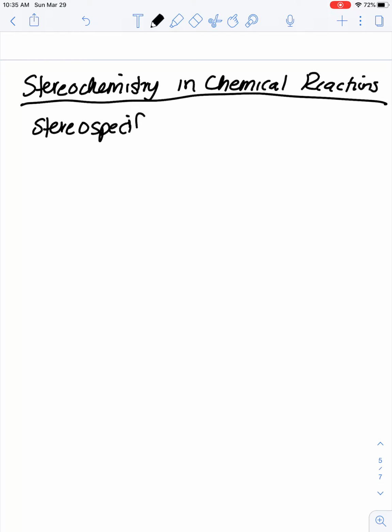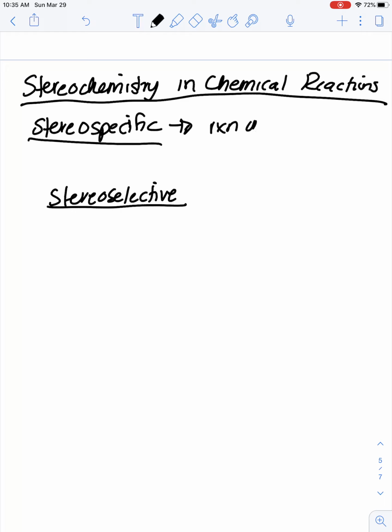There are a couple different terms that we want to be familiar with. We have stereospecific and we have stereoselective. When we're talking about stereospecific, the reaction only produces one possible stereoisomer.